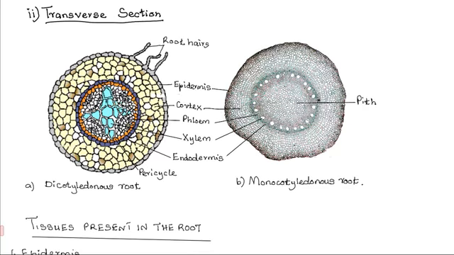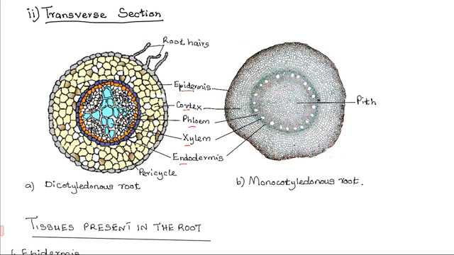The tissues present in both monocotyledonous and dicotyledonous plants are the epidermis, the cortex, phloem and xylem, and endodermis. But the arrangement and pattern of distribution varies depending on whether it is a dicotyledonous root or a monocotyledonous root.